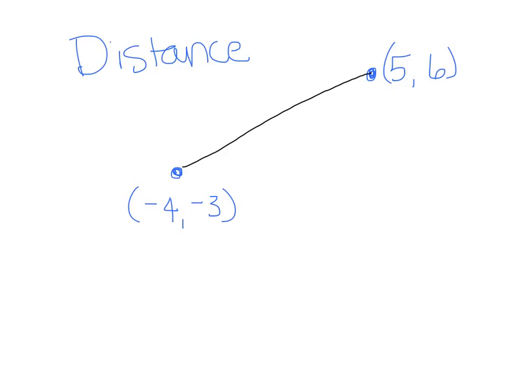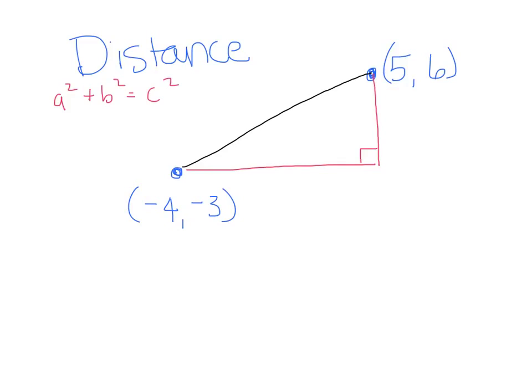The nice way to find the length of that segment would be to draw a horizontal and a vertical, such that this is a 90-degree angle, and now all of a sudden I'm looking at a squared plus b squared is c squared. That refers to any right triangle, that's my Pythagorean.